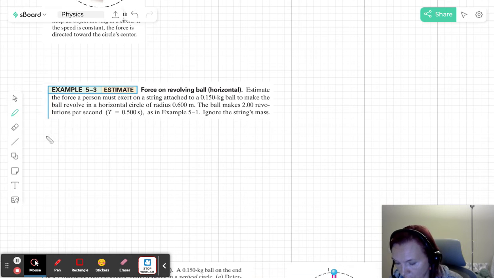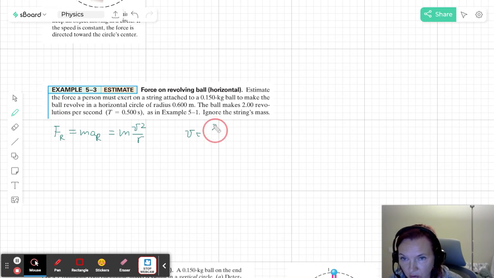So we are going to apply Newton's second law. The sum of the forces is going to be equal to m(a)r, right? And we know that ar is v squared over r. We just wrote it down. And we also know that v, the velocity, is 2 pi r over capital T. So we can immediately calculate the velocity here.